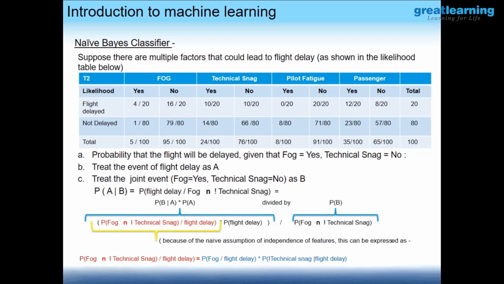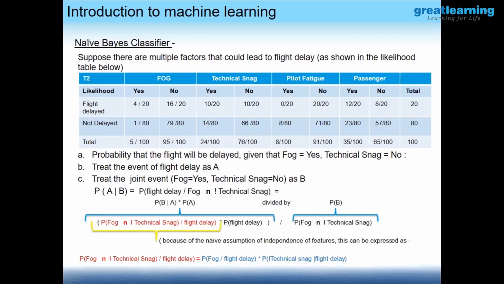They can be overlapping regions in the Venn diagrams. What I mean is, in the Venn diagrams, these regions might be overlapping each other. So I convert everything into likelihood ratios. Now look at this. What is the probability that the flight will be delayed, given that I am observing fog at the airport, but no technical snag reported?